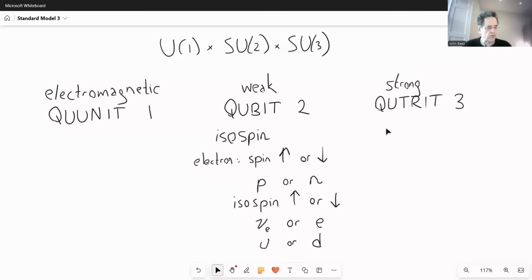How about the strong force? The strong force is about a property that quarks can have, which I haven't said much about yet, called color. It's called color for the following reason. It comes in three kinds. There's a three-ary alternative here as opposed to a binary alternative.